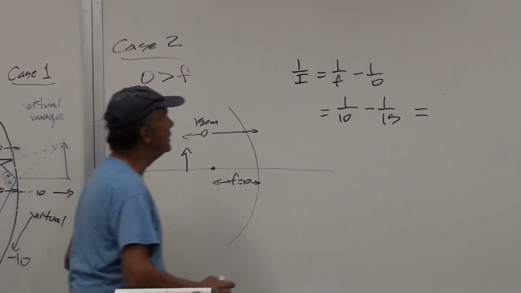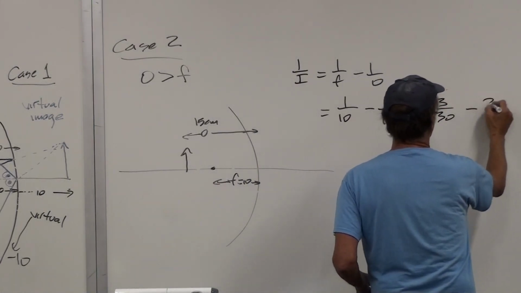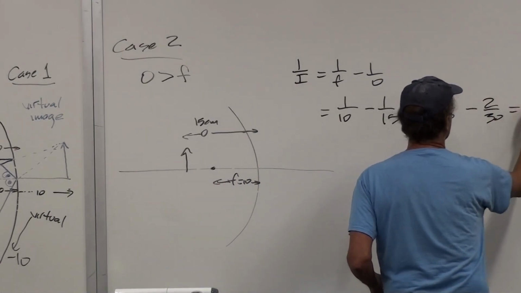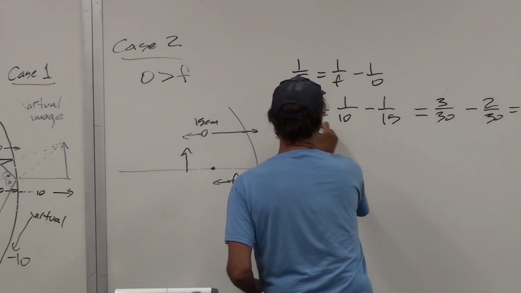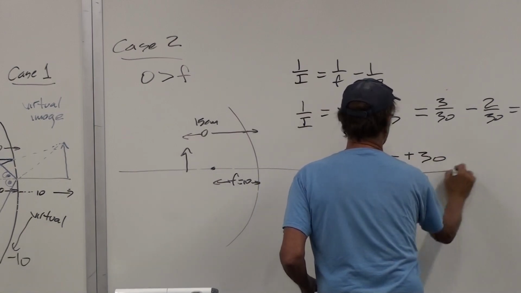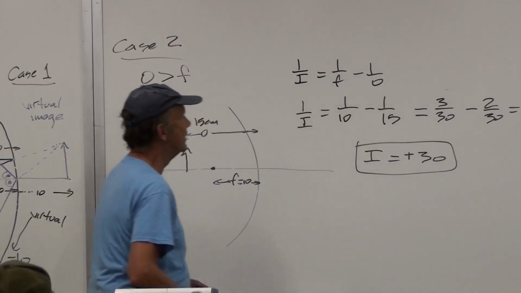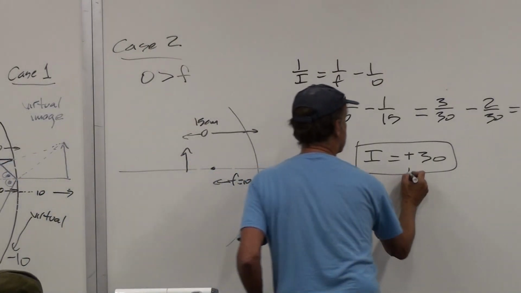So I'll just choose 30 here. So this would be 3/30 minus 2/30 or 1/30. That's 1 over I. So then I is equal to plus 30. Okay, so what this is showing us then is that it's a real image.